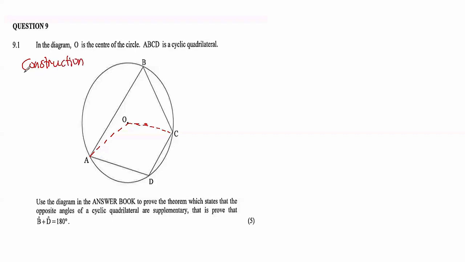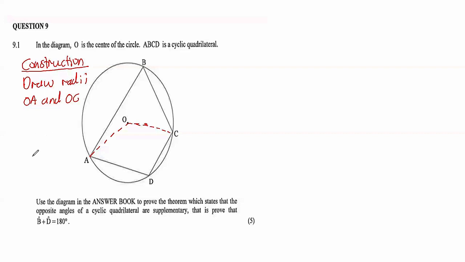You don't just construct, you also need to tell them what you did. So draw radii OA and OC. Remember, radii is the plural for radius. So OA is a radius, OC is a radius. So we've drawn those two radii.